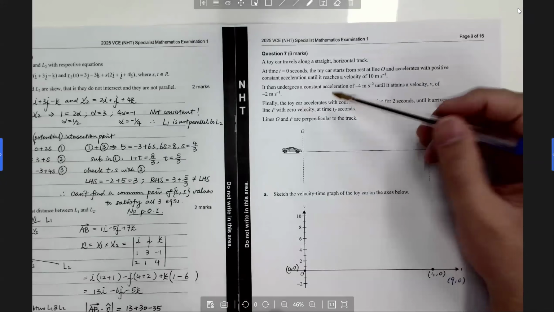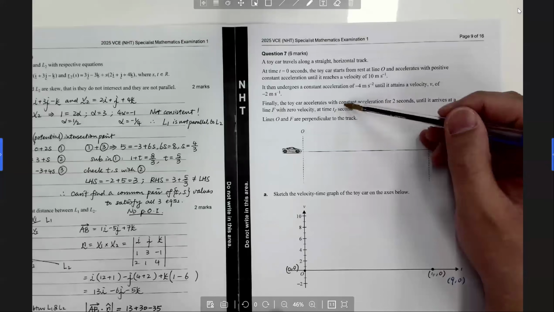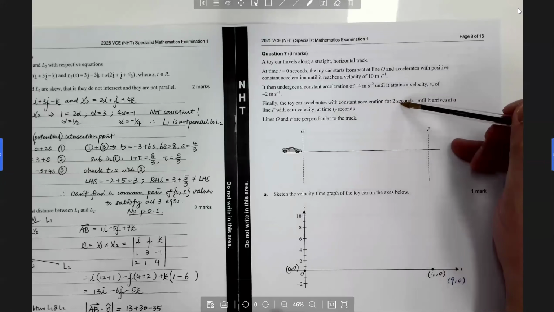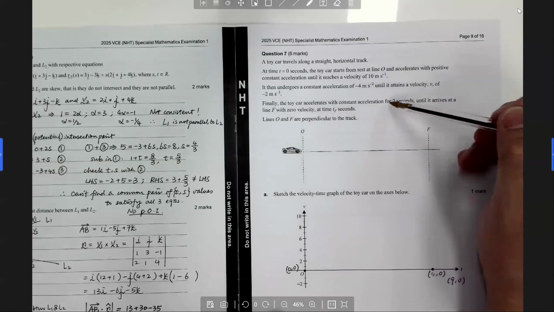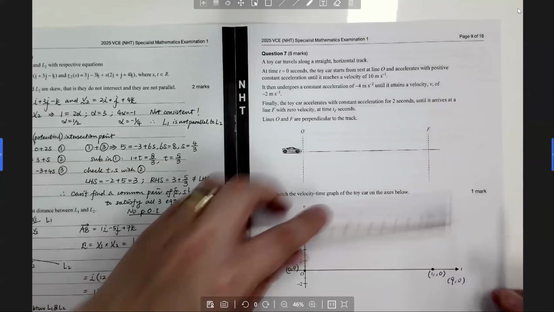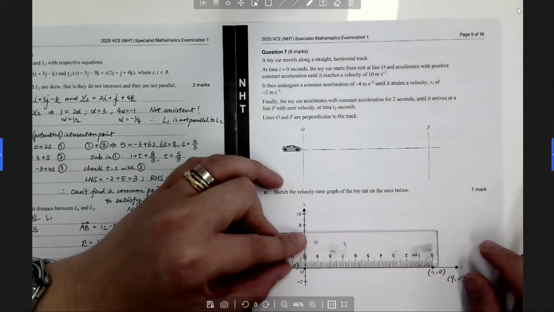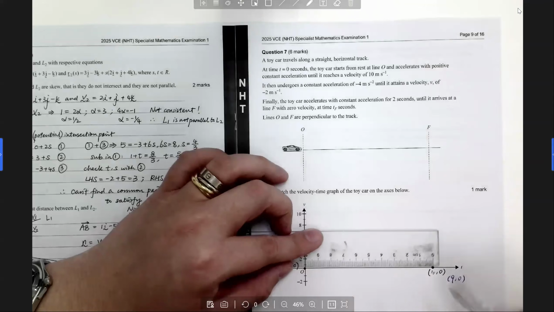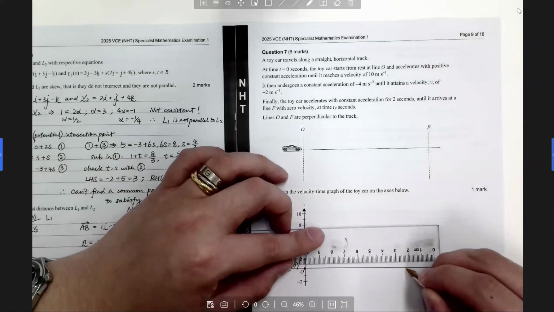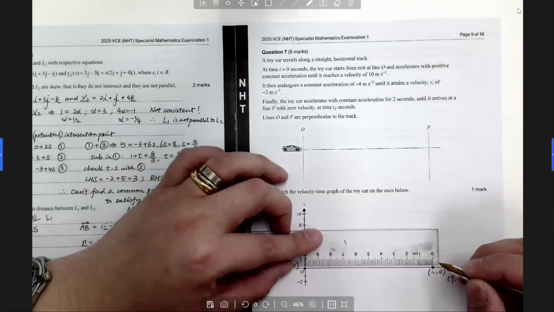And with constant acceleration for 2 seconds until it arrives. Okay, from minus 2, let's take 2 seconds back.